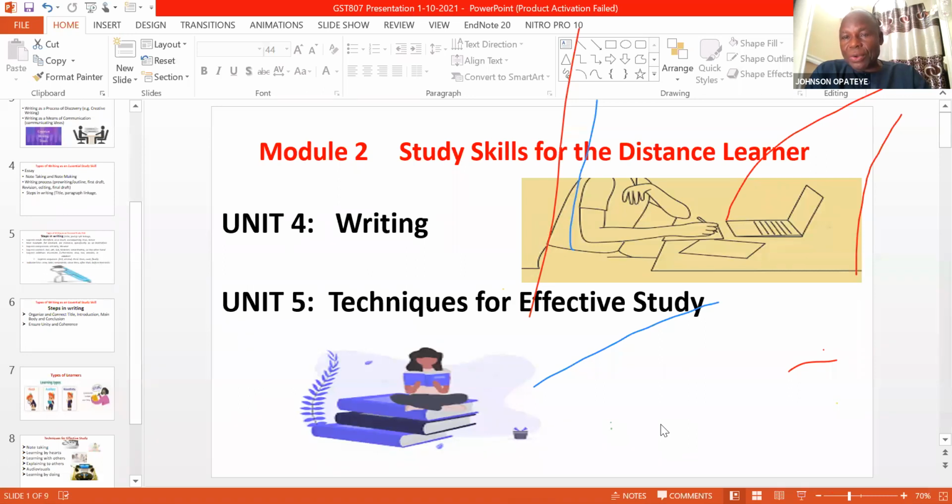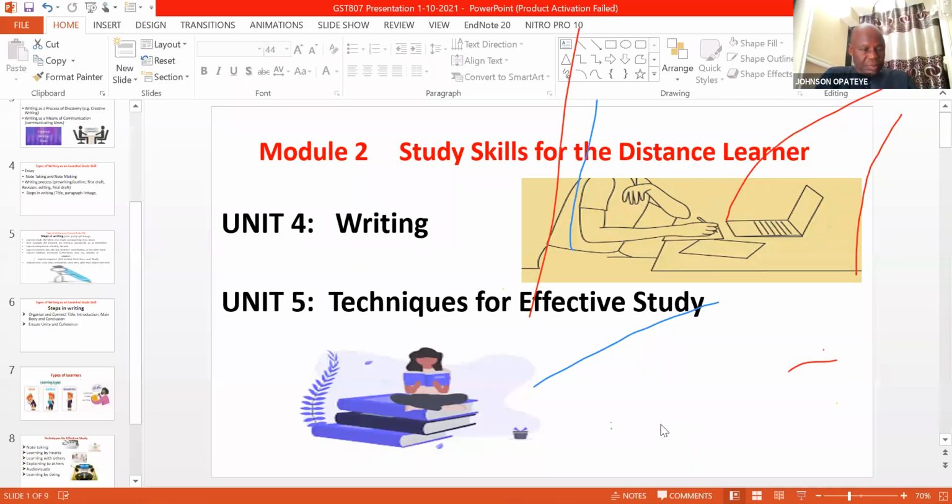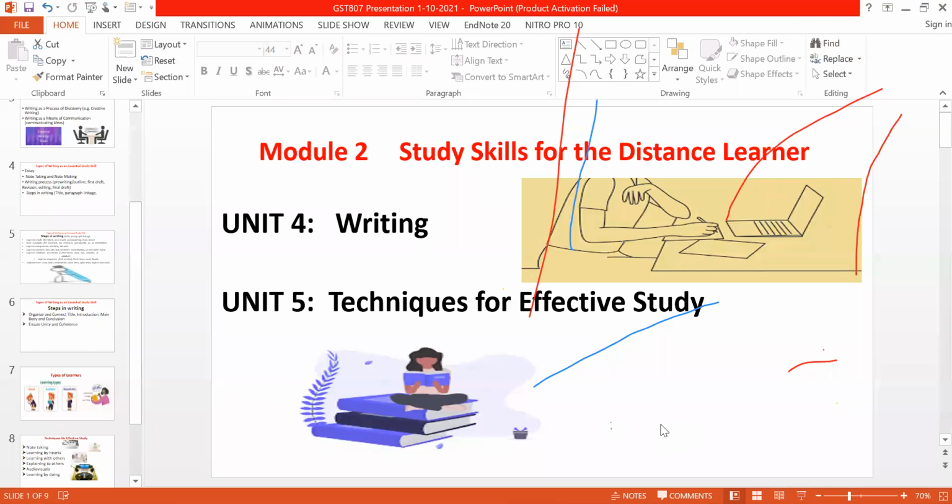Oh, that's wonderful. Lillian, which learner are you, Lillian? Yes, sir. I'm a visual learner, sir. Yeah, can you explain? Yes, sir. Visual learning requires the learner to learn with images, pictures, graphs, and maps.